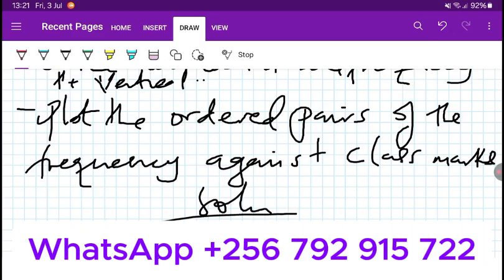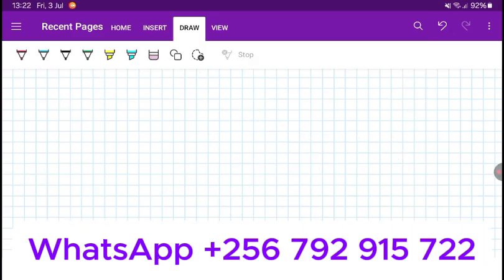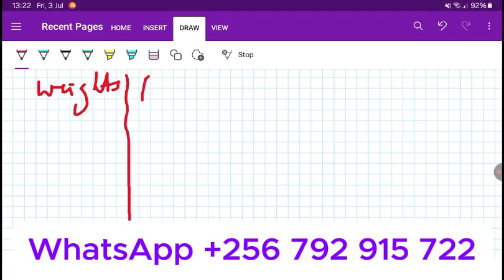So let's get to solve this. So let's indicate what we have and then we solve this. So we have the weights, then we go to the frequency, then we need the midpoint, so what we call class mark.